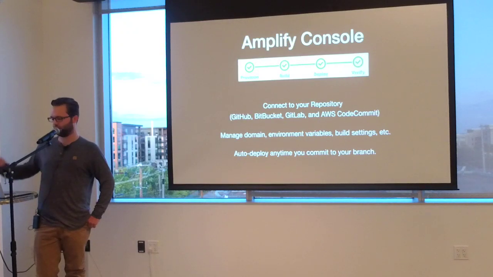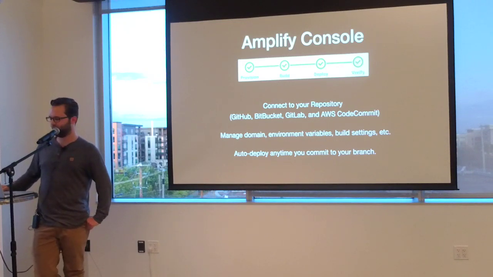And then you can go to the AWS console and go to the Amplify section. When you do a build, there are these little checkboxes that show you what stage it's at, and then you can connect it to whatever repository you're using. It supports GitHub, Bitbucket, GitLab, and CodeCommit, so you connect to one of those.